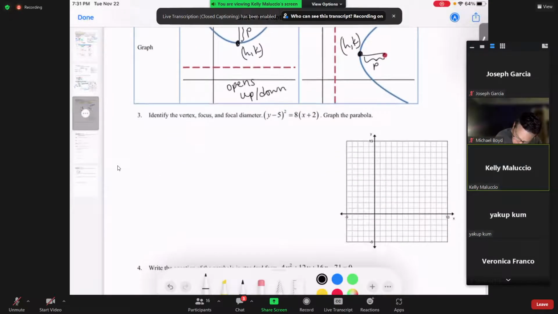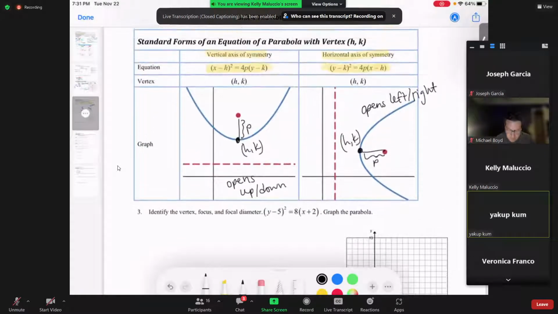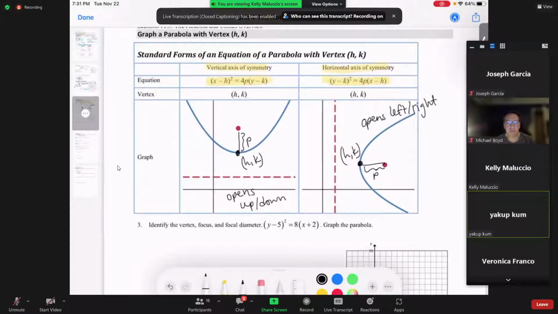So number 3. So p is determined here. It's upward or downward. It's like the slope kind of. Well, but it's a parabola, so it's not really slope, but it's based on the equation. So is p determined upward or downward or left or right? No, the up, down, left, right is determined by which one is squared.